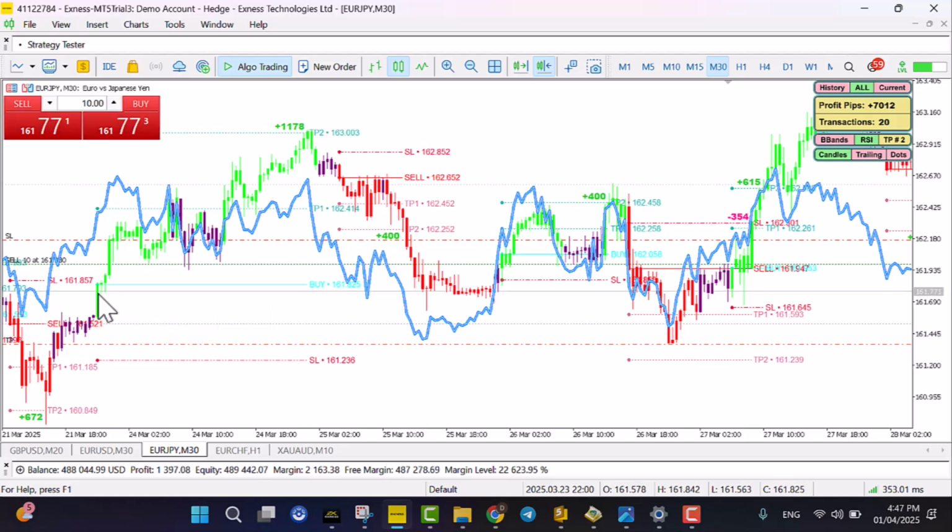But if the signal bar is small, then it makes more sense logically that the price is going to go higher. So these are very easy concepts, but at the same time, they make a lot of difference when it comes to trading. That's why I decided to add and stack them on top of each other.